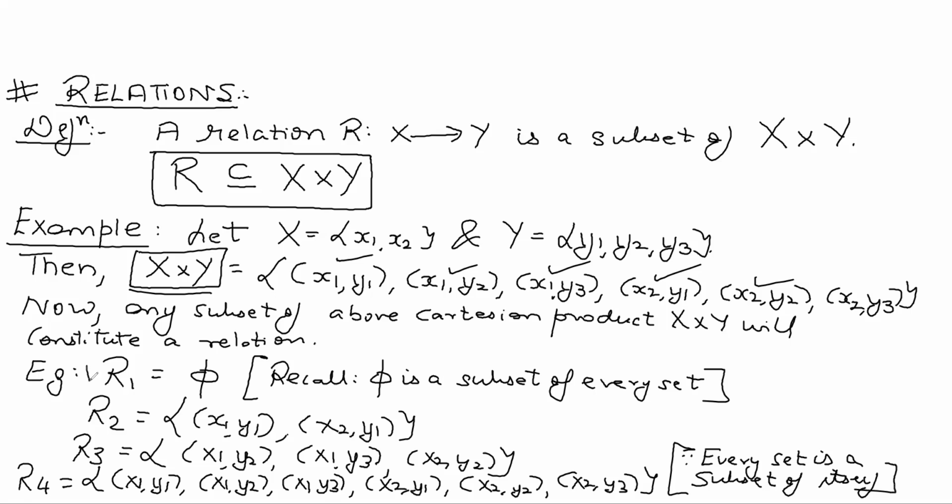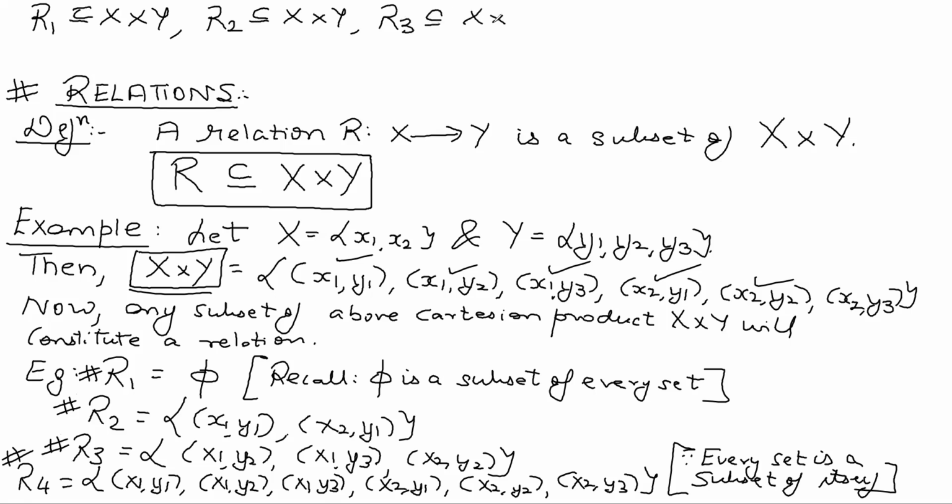So all of these are examples of relations. Why? Because R1, R2, R3, R4: if you observe them, R1 is also a subset of x cross y, R2 is also a subset of x cross y, R3 is also a subset of x cross y, and R4 is also a subset of x cross y. So what we learned today is that a relation is nothing but a subset of the Cartesian product.